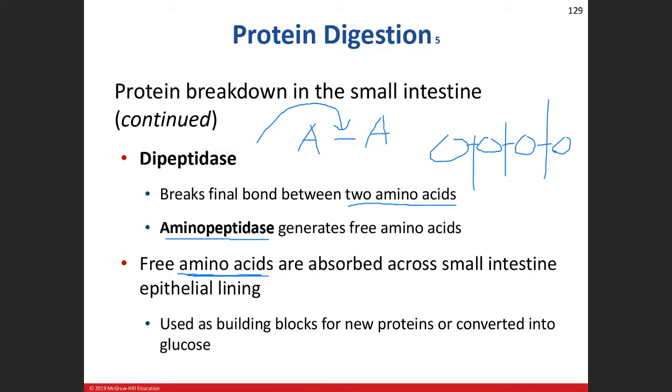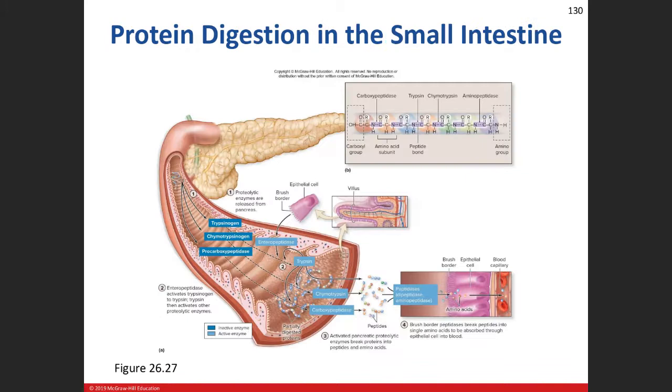Or in some situations, we can convert those individual amino acids into glucose through the process of gluconeogenesis, but they have to go to the liver to do that. The only organ in the body that can perform gluconeogenesis is the liver, and that's making glucose from non-carbohydrate sources.